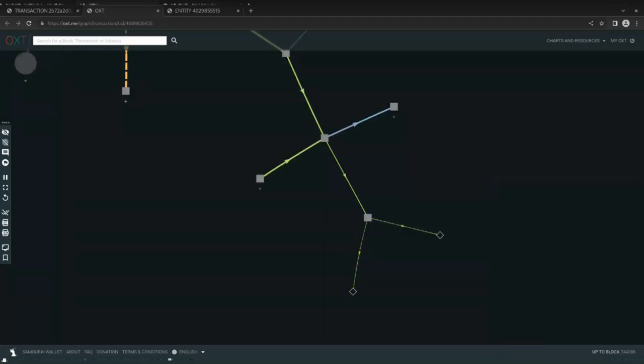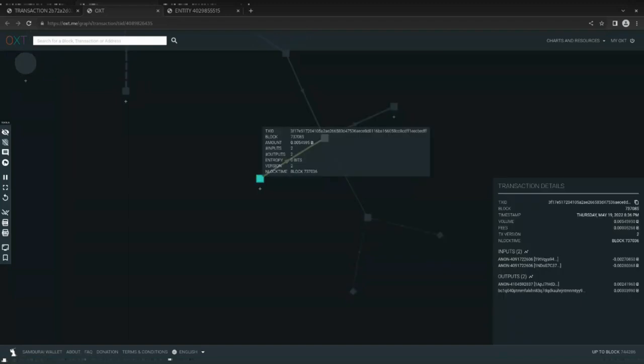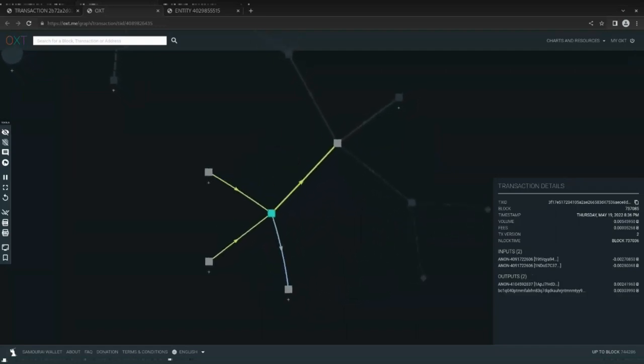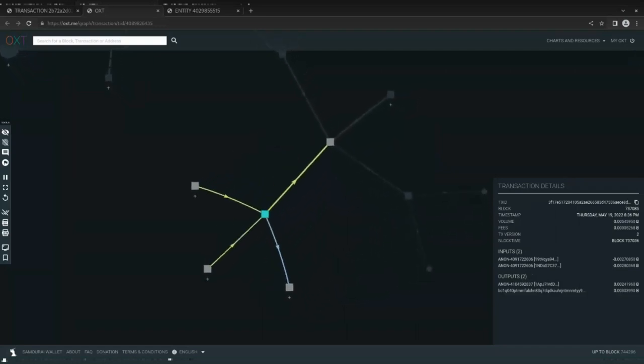So what we'll do is we'll go back to traversing back up the graph to continue to look at the history of this wallet. And what we see again is another 2 input, 2 output transaction, similar to this previous one. Again, we could apply the unnecessary input heuristic here.